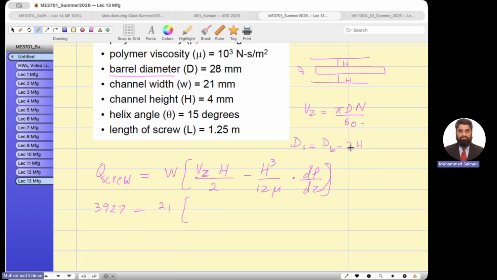Do you understand that? So the barrel is 28 minus 2 times the height of the channel, which is 4, so 20 millimeter is the screw.